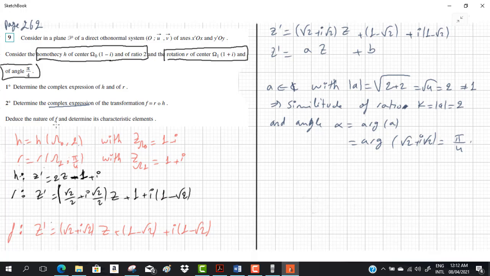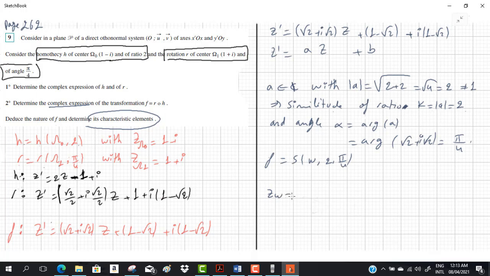Find the nature of F: F is a similitude of ratio k equal 2 and angle alpha equal pi over 4. بعد في عندي السنتر، لكن F equal similitude of center W ratio 2 and angle pi over 4.